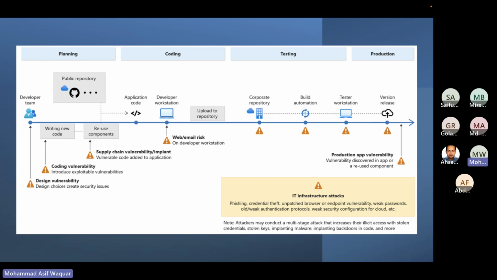And at the testing and production stage, is our infrastructure secure or not, and what kinds of attacks can we get at the infrastructure level? Maybe our infrastructure is not updated, or the services we are using do not prevent all types of attacks. That's how we face different kinds of attack at different stages of the application development cycle.